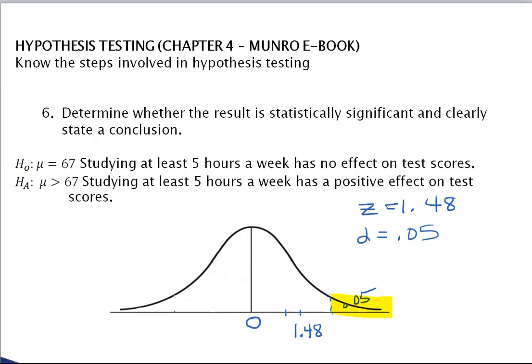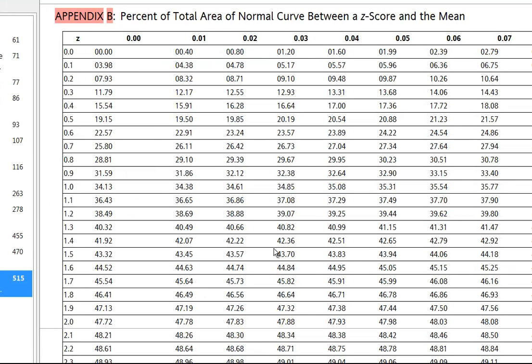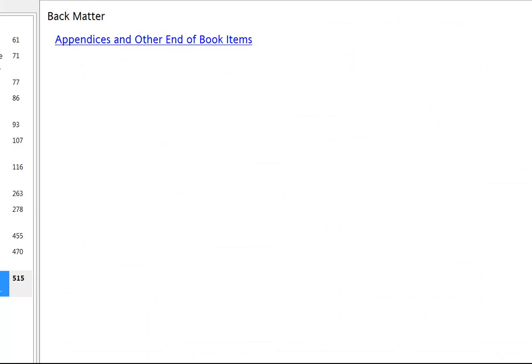So let me go ahead and pull that one up. So I go here to look up my z-score. And the z-score gives me the number between, let me move it over if it will let me. Got that.